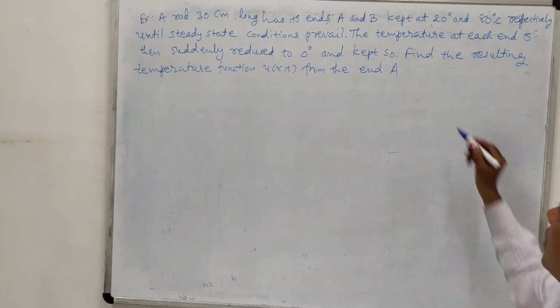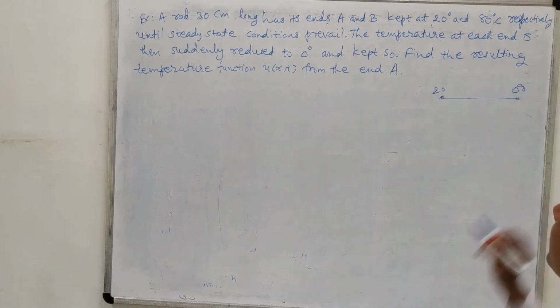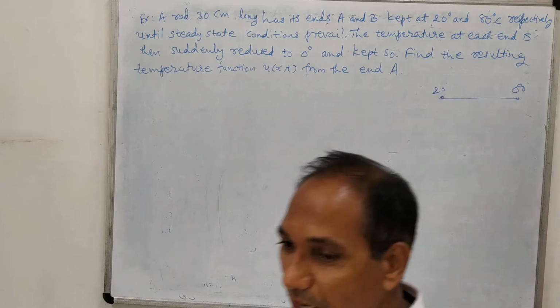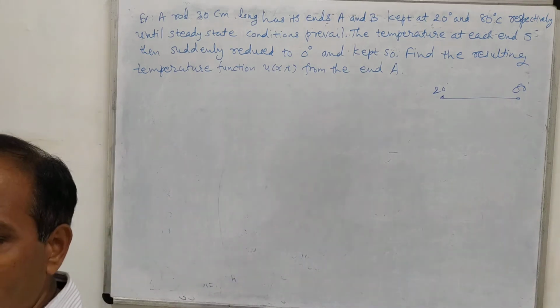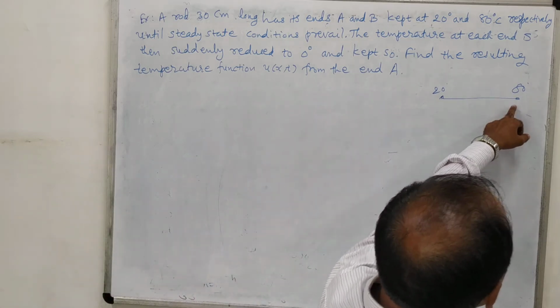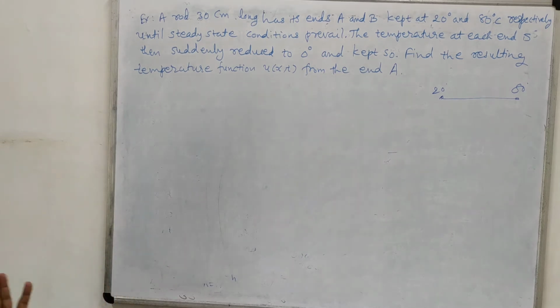That means one end is at 20 degree and the second is at 80 degree. But in theory, you must have noted that we were considering the temperature at the two end points as 0 degree, whereas here we are given 20 and 80 degree.